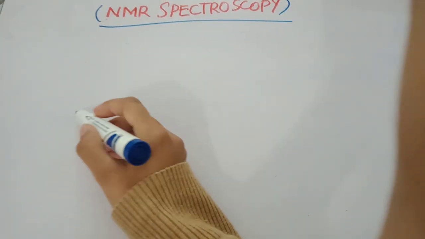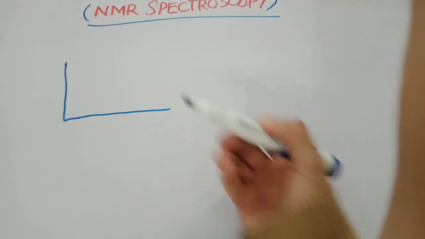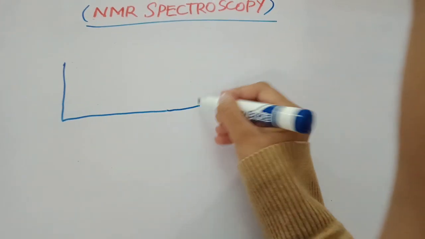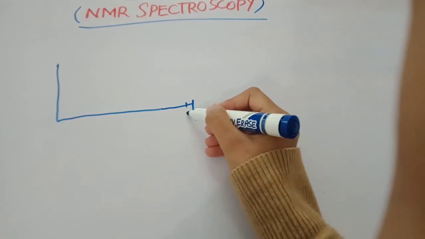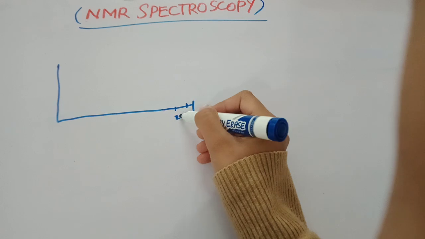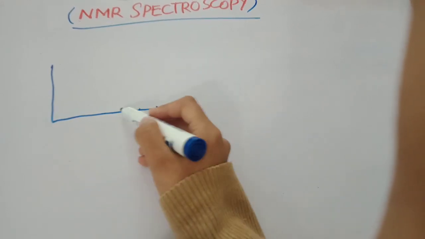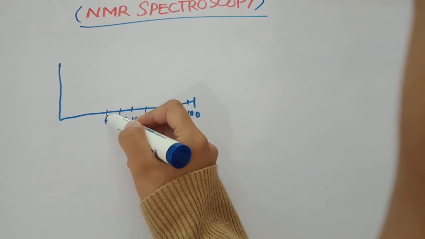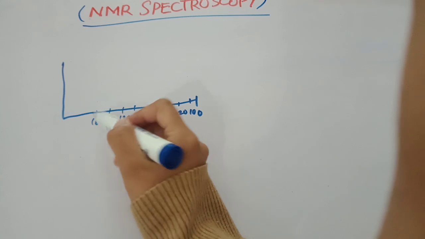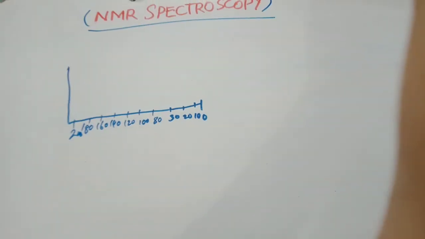So in this, firstly, this is a graph. Here it is a carbon 13 NMR graph. 0, 10, 20, 30, and then 80, 100, 120, 140, 160, 180, 200. It will be like this.